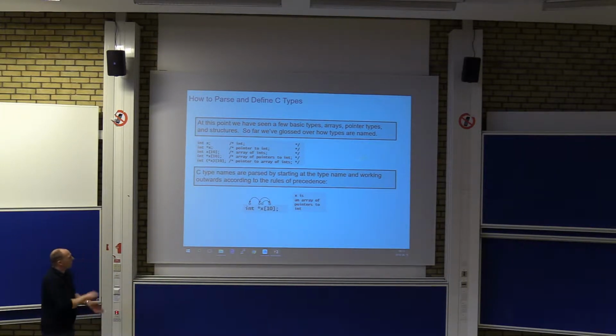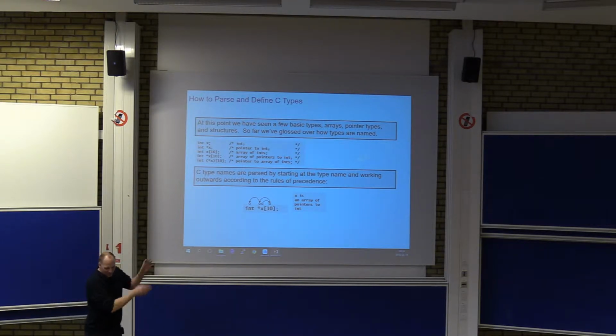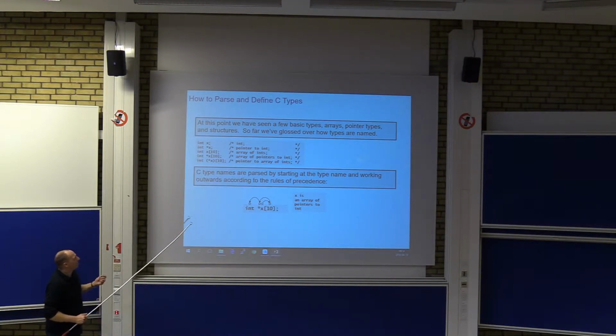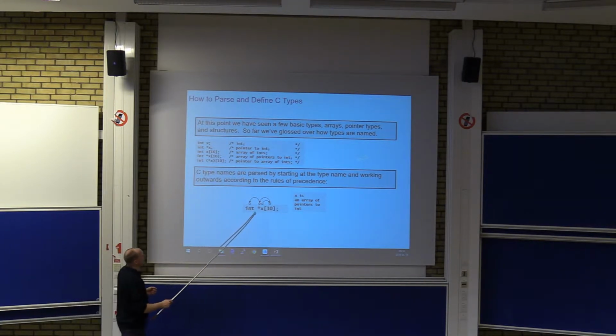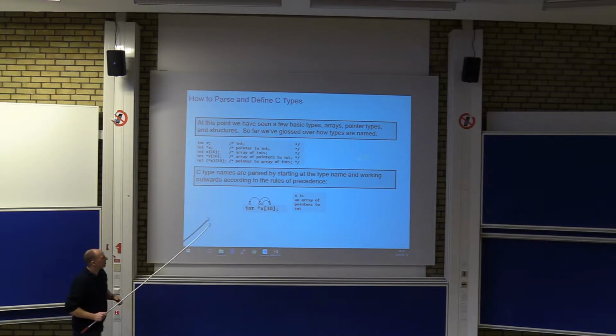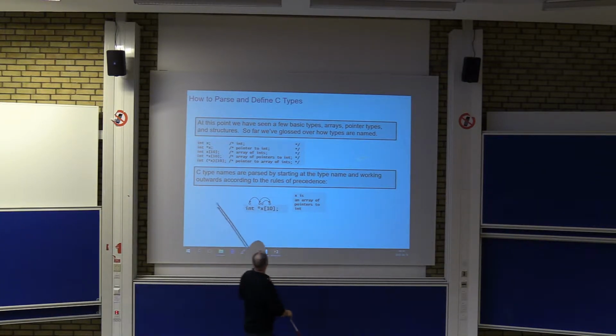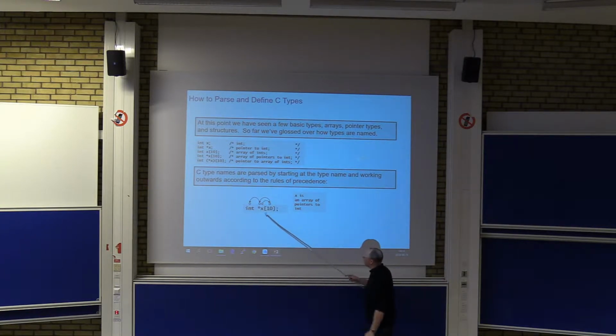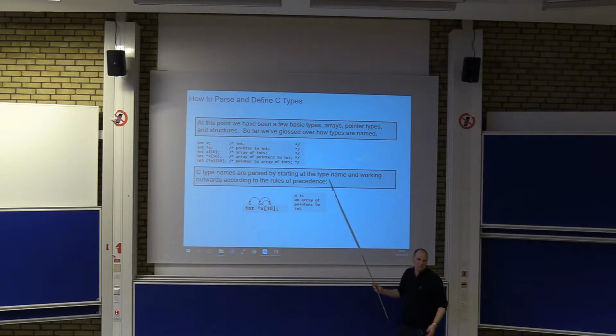So if you read some code having these stars in different combinations, the way to interpret it is to start with the type name and then work outwards according to the rule of precedence. In this case, the bracket notation binds tighter to x than the star notation.